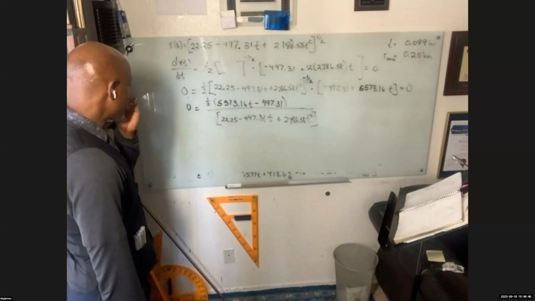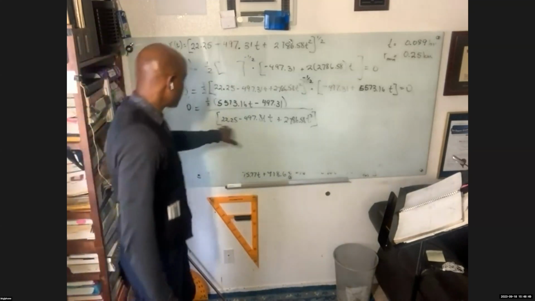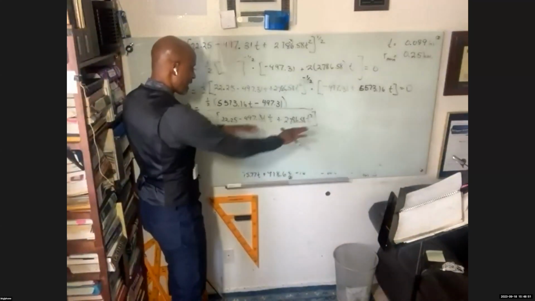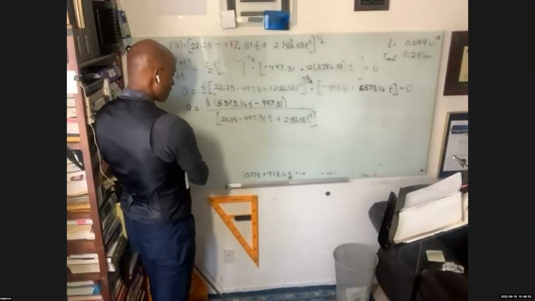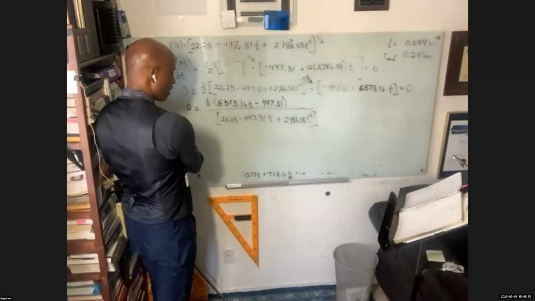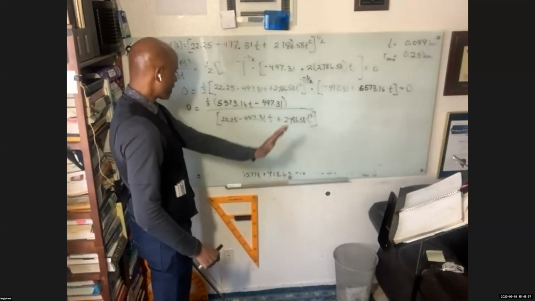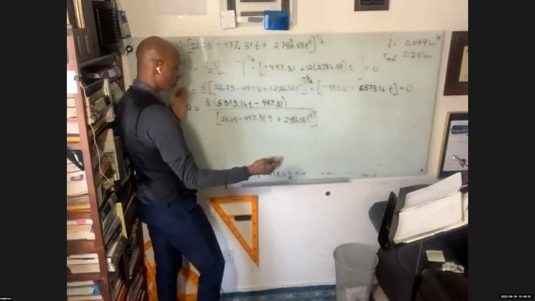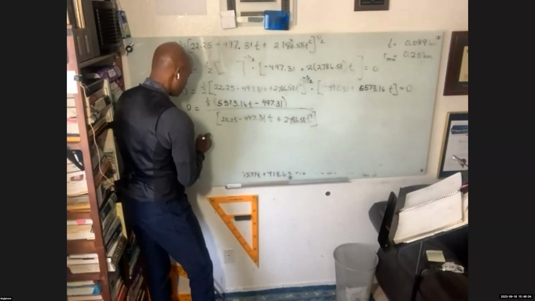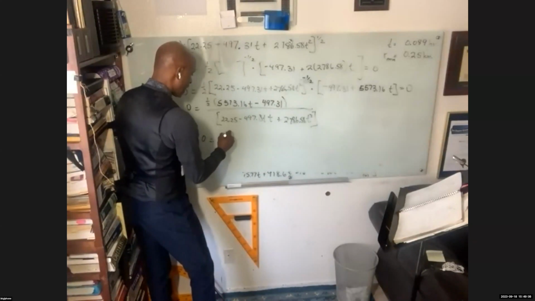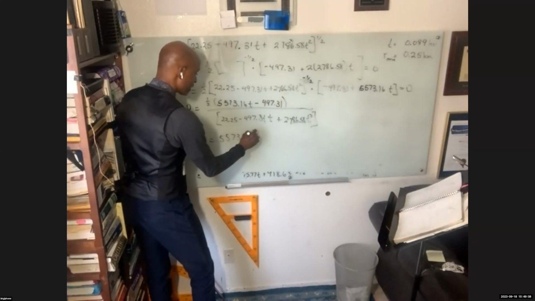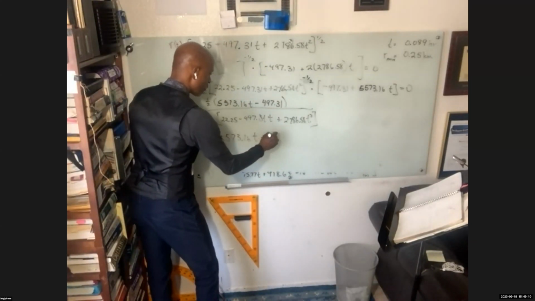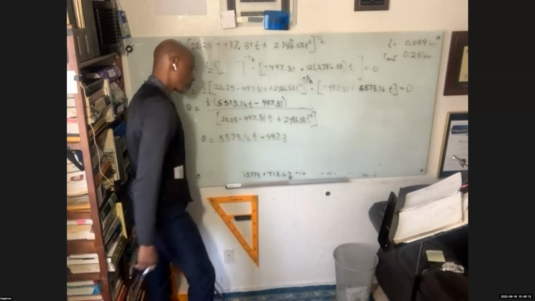So to minimize this, it is that simple. I can just multiply through by the denominator. That's going to go out to 0. And then the 1/2 goes out as well. Basically multiply everything through by 2, and then multiply everything through by this denominator. What that will end up leaving is 0 equals 5573.16t minus 497.3.